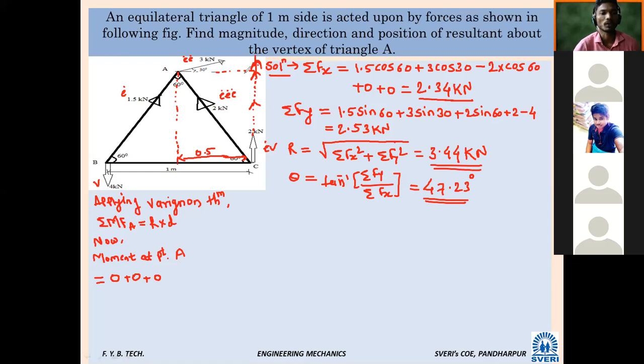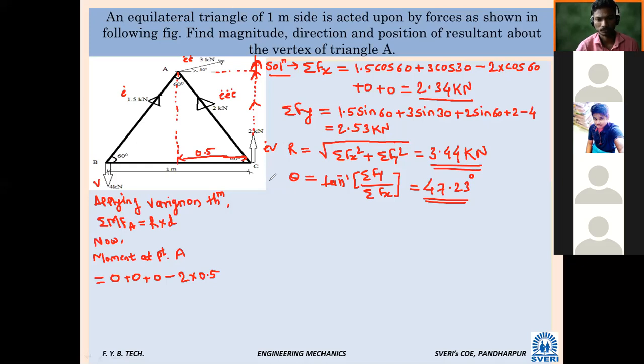So how will this object rotate? If I apply the force here, clockwise or anti-clockwise? Anti-clockwise. Anti-clockwise moment, how are we taking it? Negative. So it will be negative. Force 2 into 1 by 2 or 0.5, one and the same. Fourth force is over. Any problem in this 2 into 0.5?